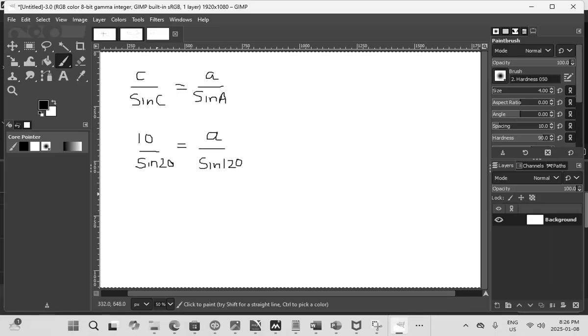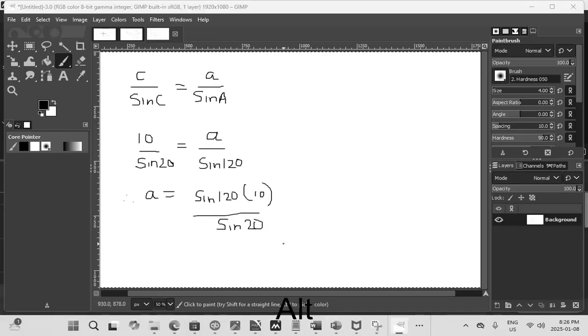So A equals sine 120 times 10 feet divided by sine 20.